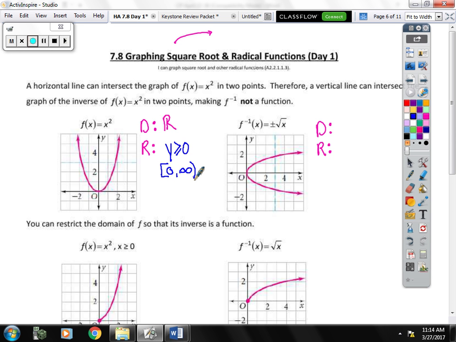Now, remember the inverse function, in theory, should swap the domain with the range. So the domain of this function should become the range of this function, and the range should become the domain. Would you write it as infinity comma 0 for the domain?